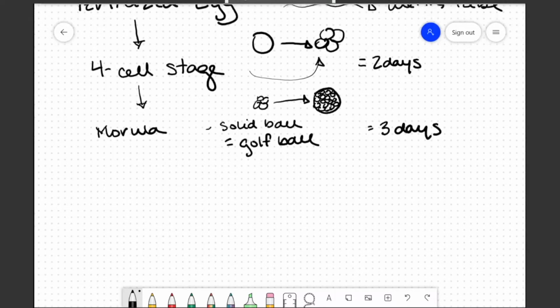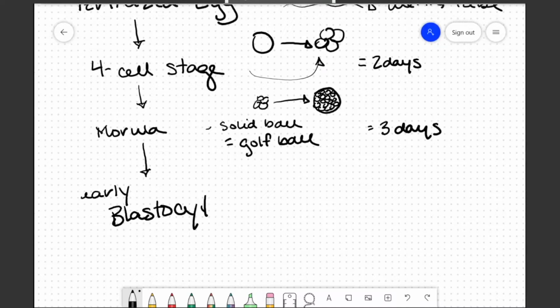That's very, very rapid. Then this morula will be called an early blastocyte. Cyte means cell. This is going to be a hollow ball. Think more like a tennis ball for this.